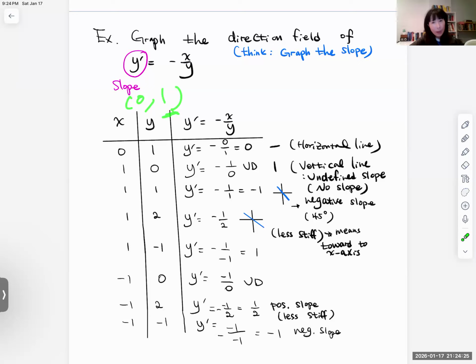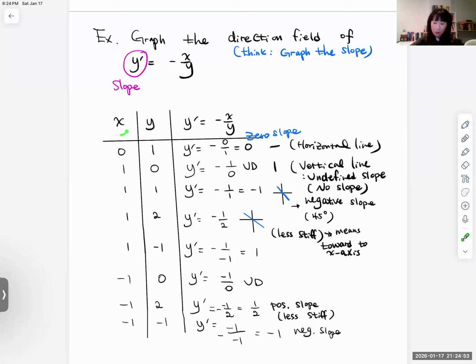What is the slope? We just plug in x equal to 0, y equal to 1. So 0 over 1 with a negative, which is 0. This is a slope. Zero slope, right? If we have a zero slope, that's a horizontal line. Make sense?